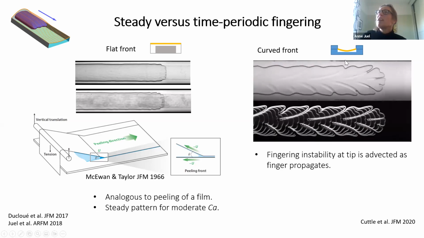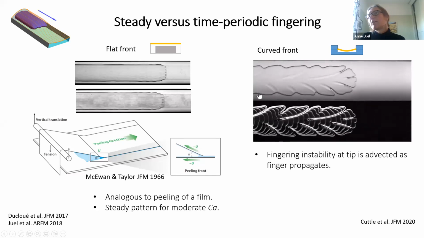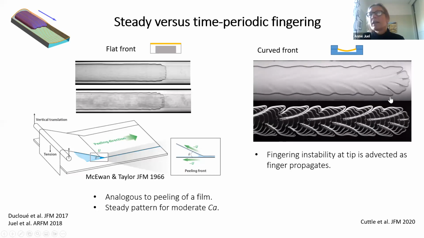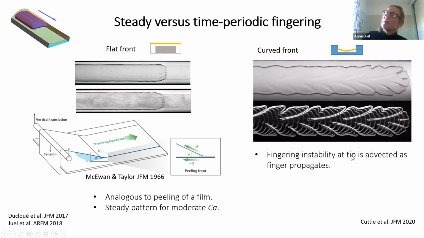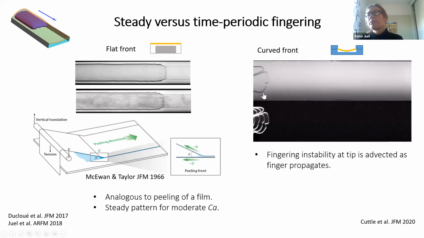What you've done here is just, compared to the rigid system, made the top lid elastic. You still get fingering at the tip, but if you superpose all these fingers as they grow and look at the time sequence, which is shown on the bottom, you can see you get a really complex set of pattern formation. And this is really due to the fact that you get advection of these tip perturbations down the side of the channel, at least to some extent.